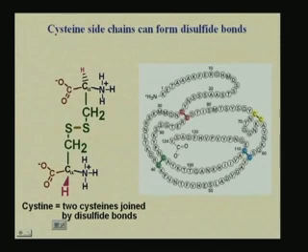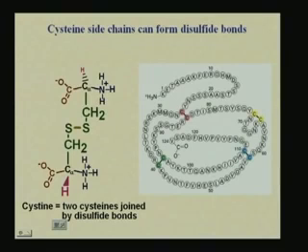Okay. So, what we saw in the previous slide was the formation of a peptide bond. How is the peptide bond formed again? It is formed by the elimination of water between 2 amino acids. Okay. So, we have the carboxylic group of one amino acid lose its OH with the H of the amino group of the next amino acid, and that is a strong covalent bond that is formed.